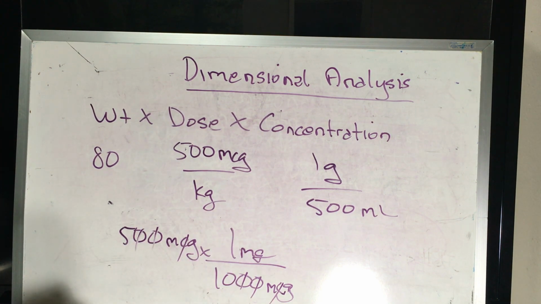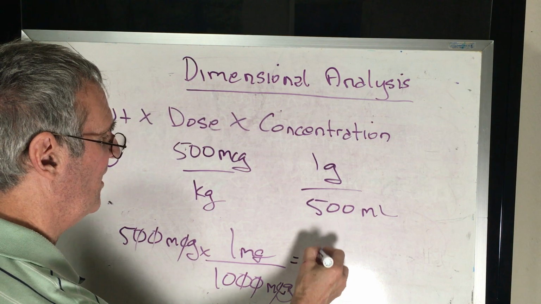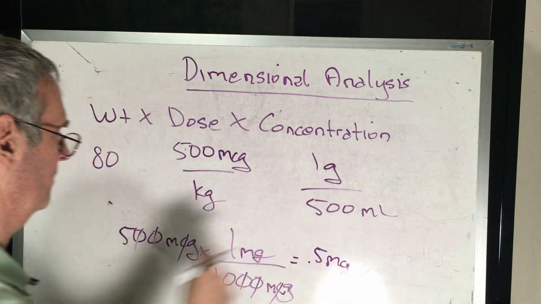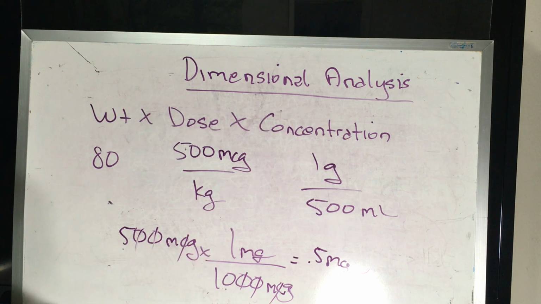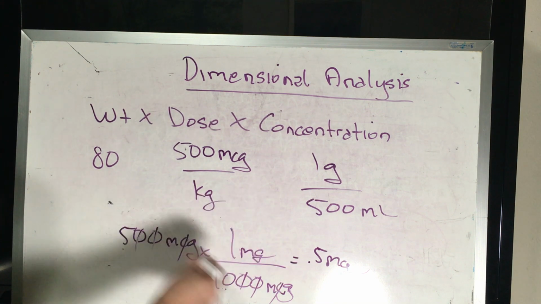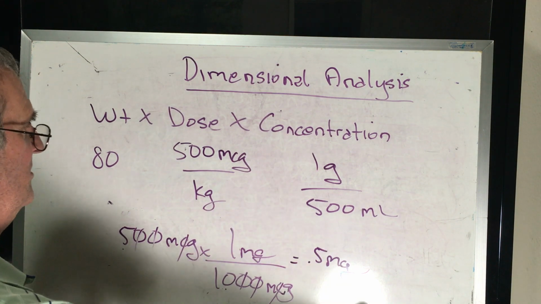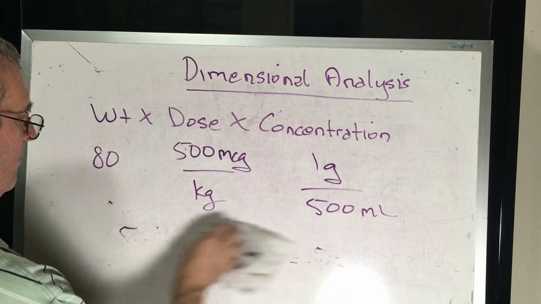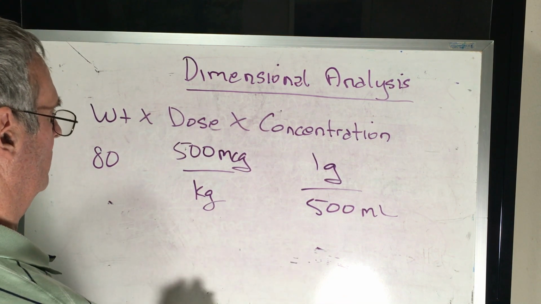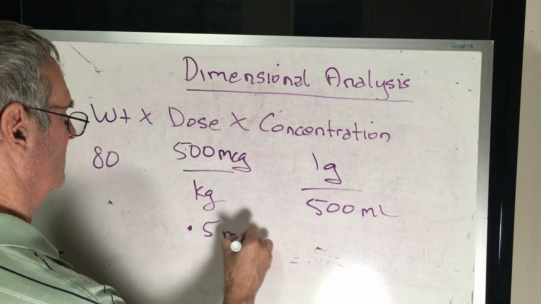So essentially I have 5 divided by 10, which is going to be 1/2. So that's going to be 0.5 milligrams. Okay, because 1 doesn't change this any. So I have 0.5 milligrams instead of my 500 micrograms.